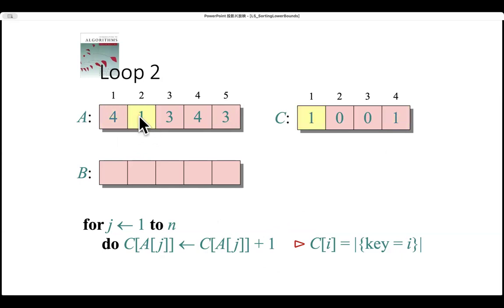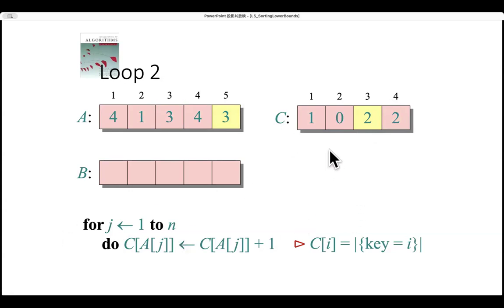Here you say, oh, there's a 1 here, so you increment index 1 in array C by 1. And then you increment 3 here by 1. And then, oh, there's another 4, so increment 4 from 1 to 2. And the fifth one is another 3, so you increment 3 by 1. That's the result of the auxiliary array after we finish this for loop.